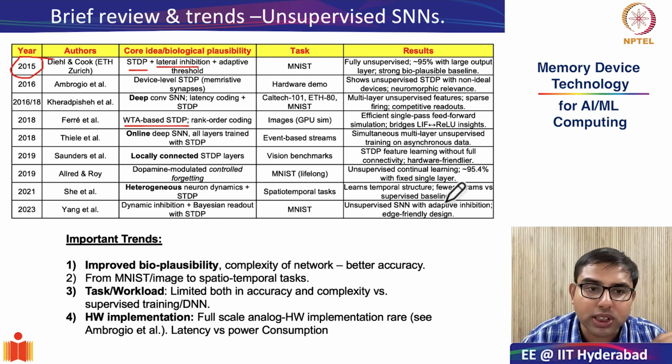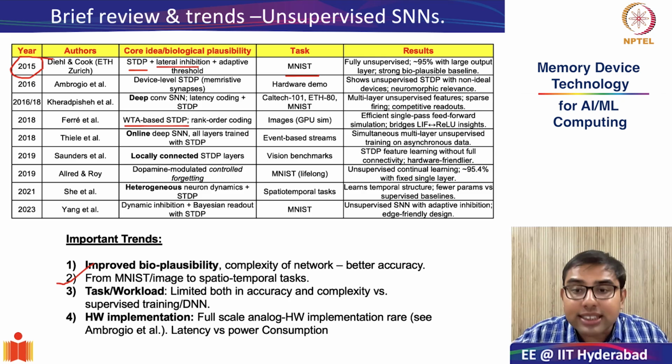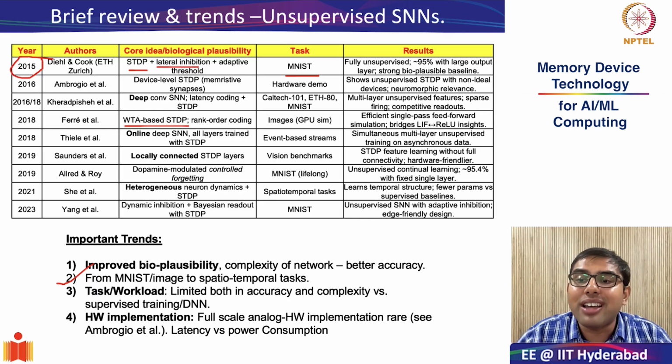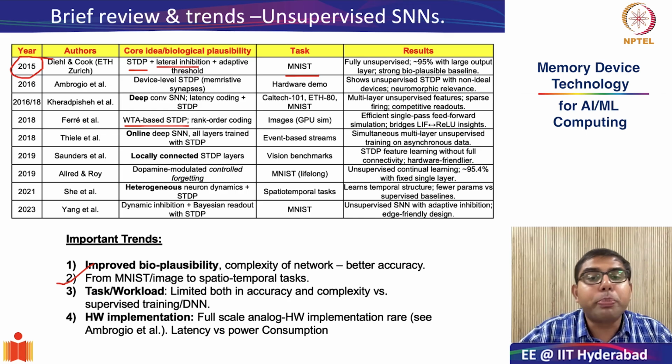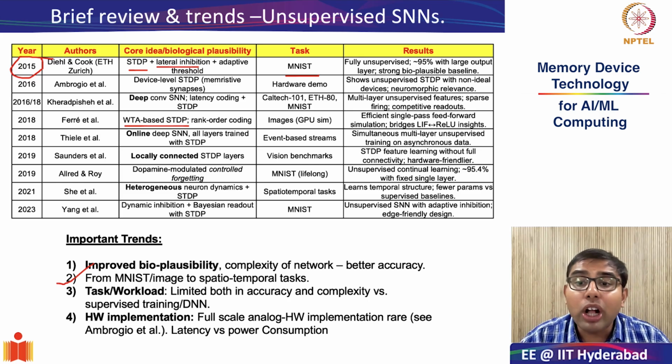The second thing we notice is that although the early workload was static MNIST data, mid to recent works have shown an expansion into event-driven tasks with both spatio-temporal richness in the data. And that shift is very important because unsupervised STDP naturally exploits timing.